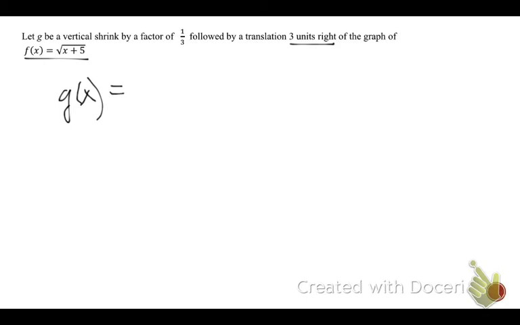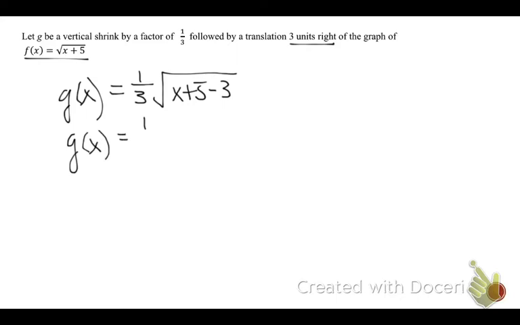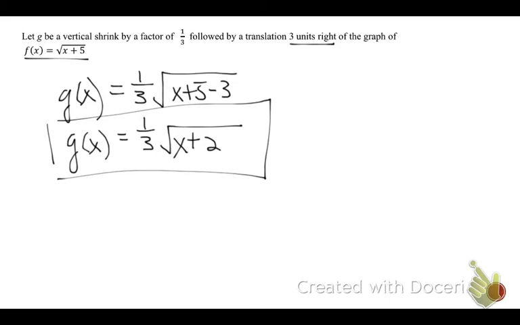Okay, so 1/3 is going to be out front, and then x plus 5, but we want to shift 3 units right, so we're going to subtract 3. So our final answer will be 1/3 out front, that'll give us the vertical shrink, and then x plus 2, which gives us that shift 3 units to the right from where it was.